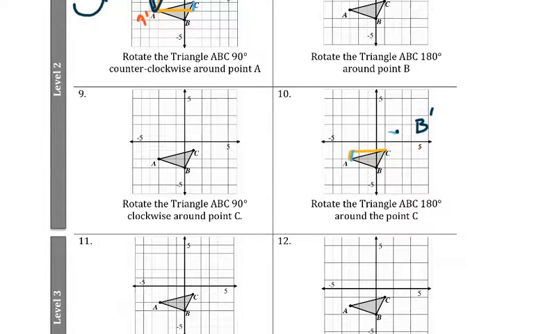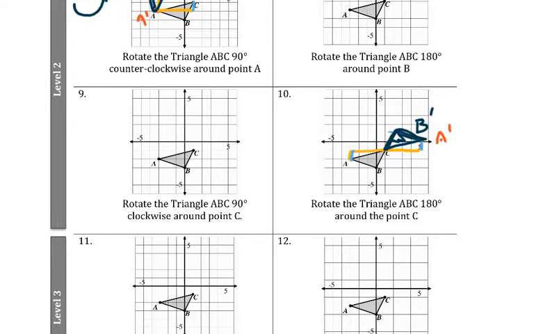It's going to come back 4 spaces, 1, 2, 3, 4. And the foot is going to kick upwards like that. So that's A prime. And we connect our 3 points like that. Sorry, I know I'm a little off. And there is our 180 degree rotation.